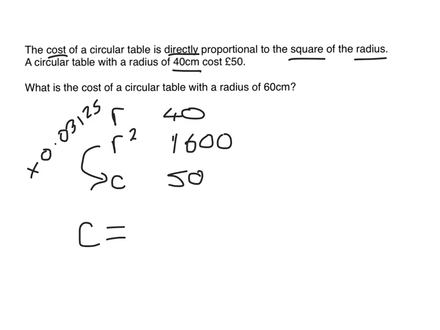So I've then got, what is the cost of a circular table with a radius of 60? So the first thing I need to do, that's r, so I need to figure out what r squared is. So 60 times 60 is 3,600, and I need to follow the arrow like I did previously and times by 0.03125.